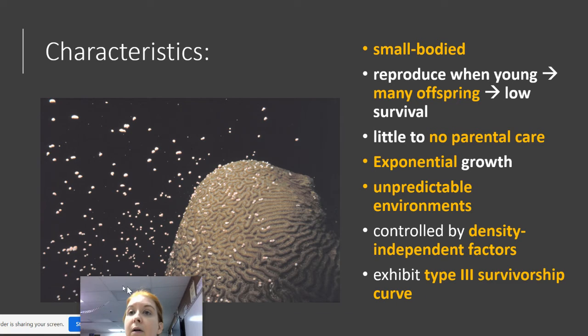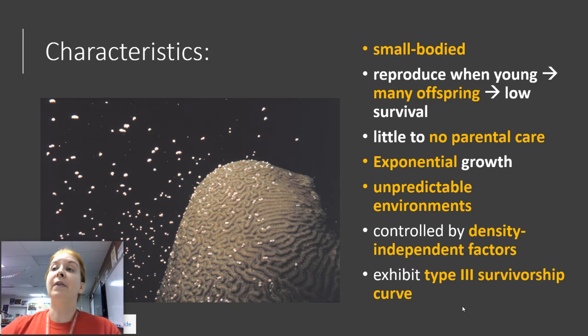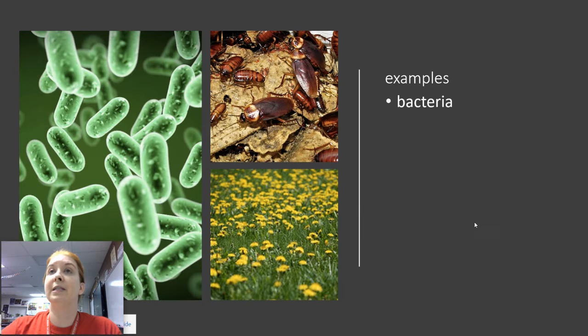They also exhibit a type 3 survivorship curve, and we'll look a little bit more at that in a minute. So these are your r strategists. And the r is exponential growth. If you think of a graph with exponential growth, that's how their populations go. Here we have some examples: things like bacteria, algae, most annual plants.